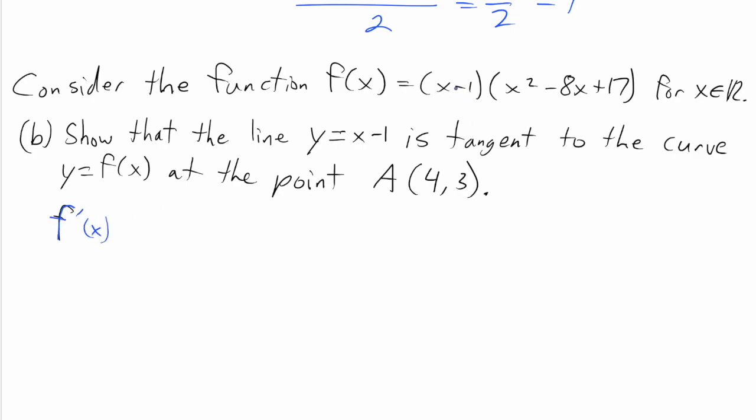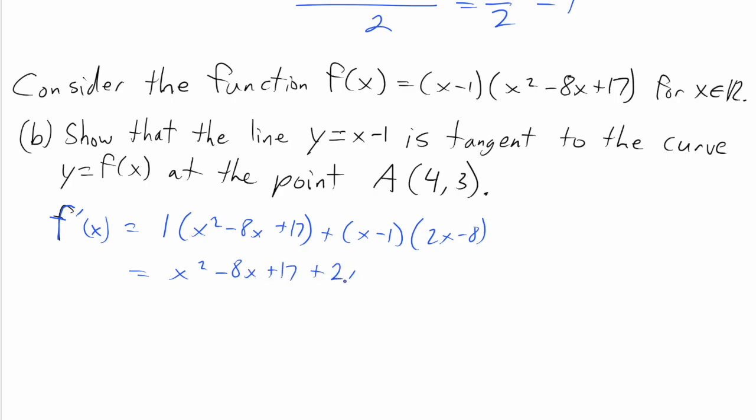Okay, so we get the derivative of that is just 1 times x squared minus 8x plus 17, and the derivative of that is 2x minus 8. So we have x squared minus 8x plus 17 plus 2x squared minus 8x minus 2x plus 8, which is 3x squared minus 18x plus 25.